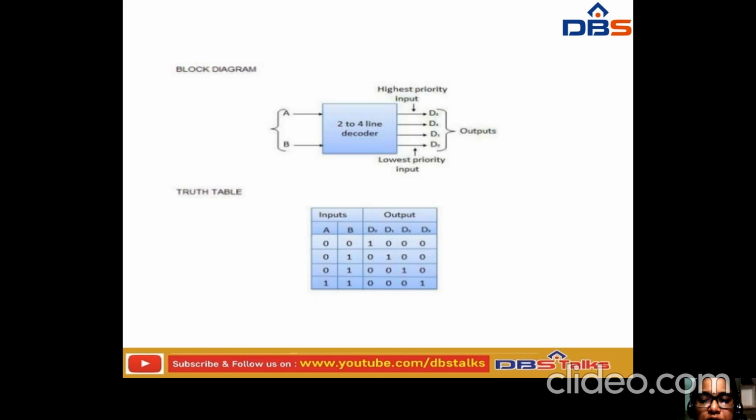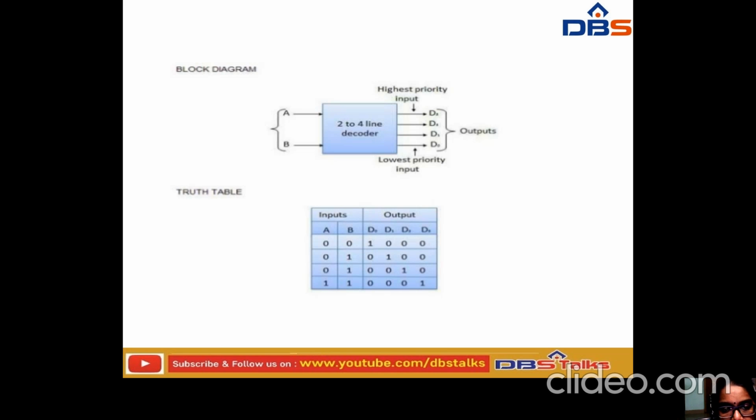This is the task of the decoder. Understand how we have drawn this truth table. These are the possible inputs: 0 0, 0 1, 1 0, 1 1. So first we will get the highest priority, that is D0, D0, D1, D2, D3.